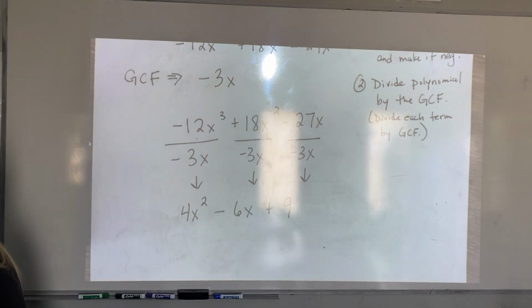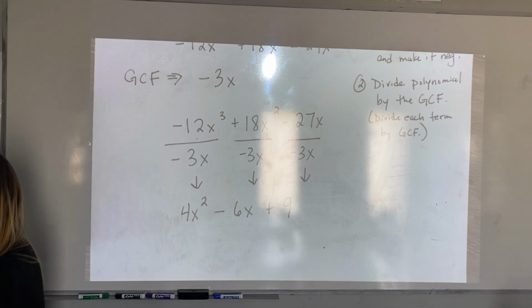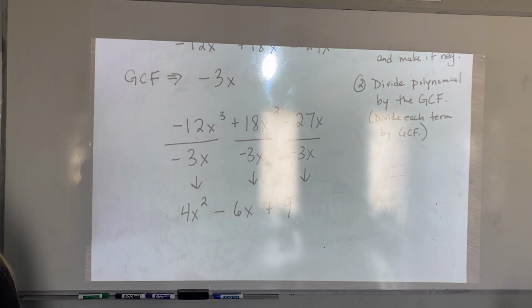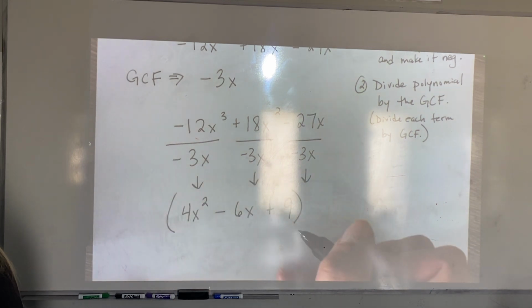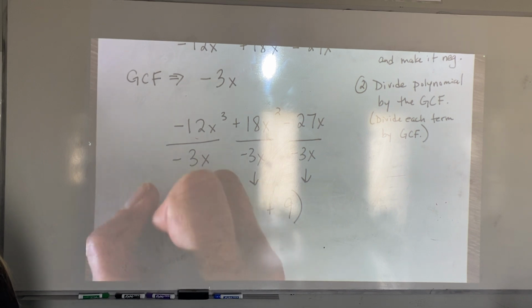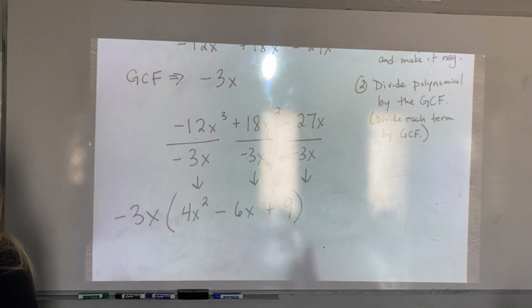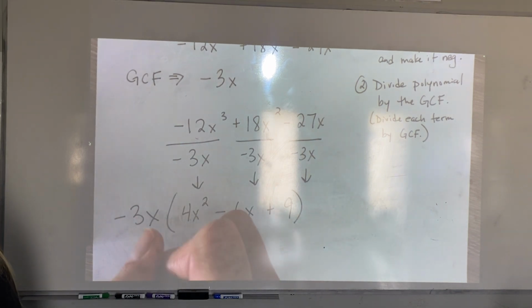Remember that a lot of the notes that are helpful for a question are from a previous question, because this quiz goes in order of how you learned it. Each time you learned a new concept, it was built off of something else. Now, this is not your answer. What are we missing here? The GCF. So we have to write this with our GCF as one of the factors.